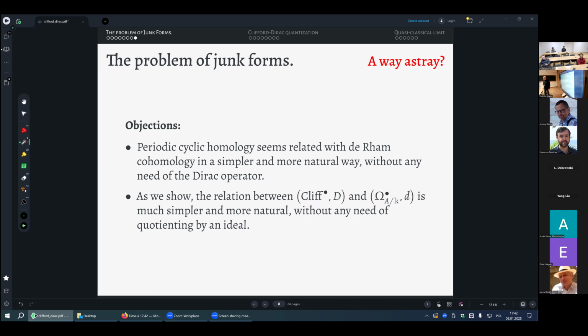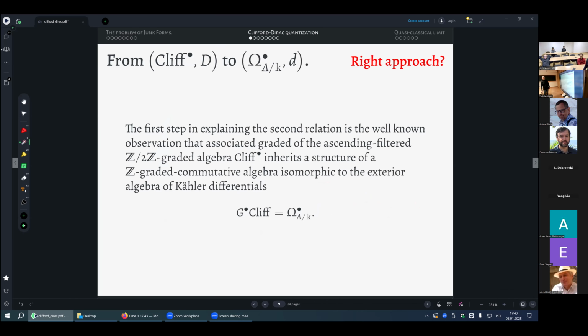And the problem of de Rham forms doesn't appear at all. So what's my problem here? My gut feeling is that it's the right approach, but you can discuss.